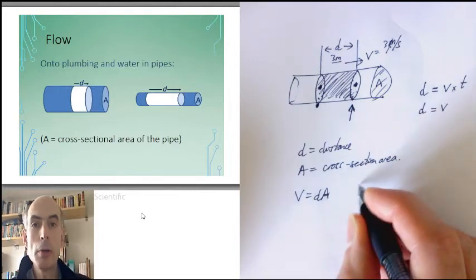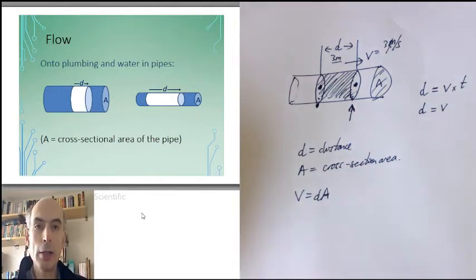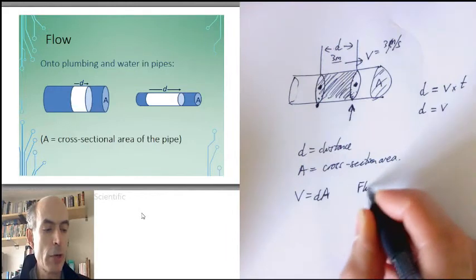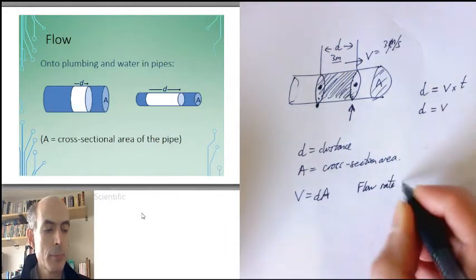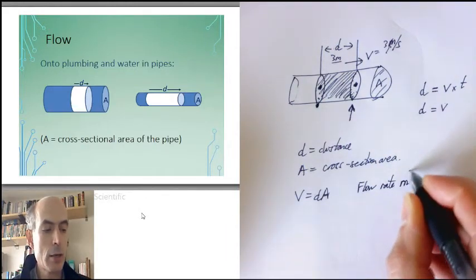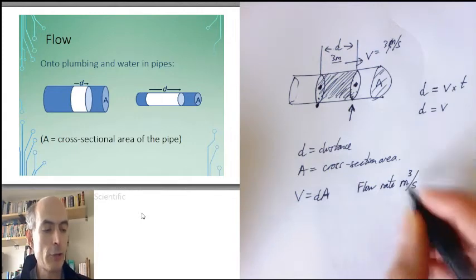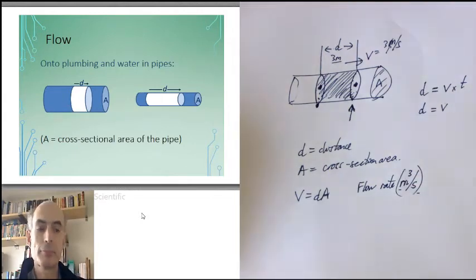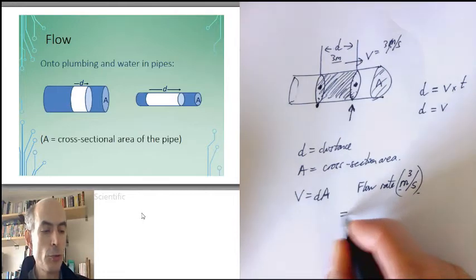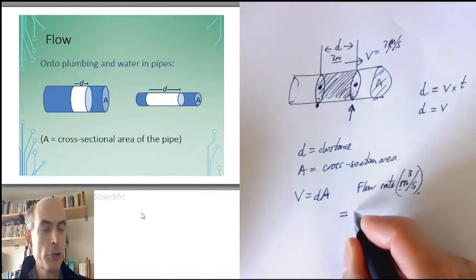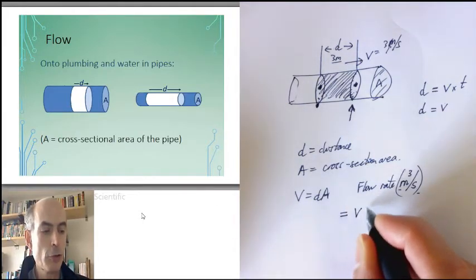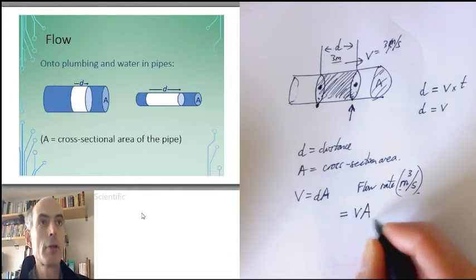The volume passing a point per second is known as the flow rate. It's measured in cubic meters per second, and it's equal to the velocity of the water times the cross-sectional area of the pipe.